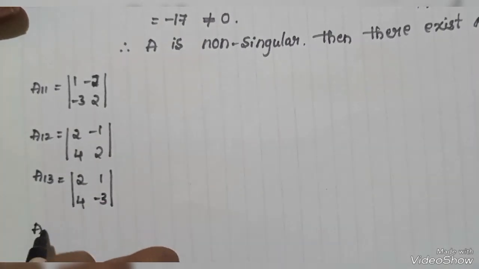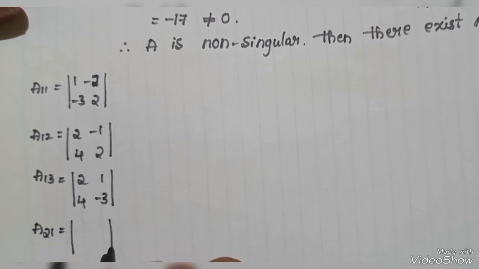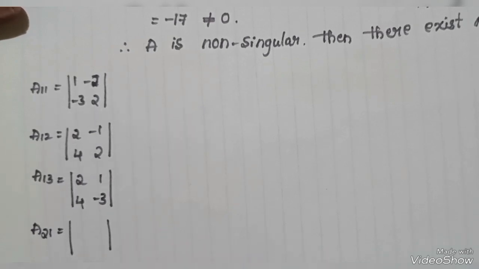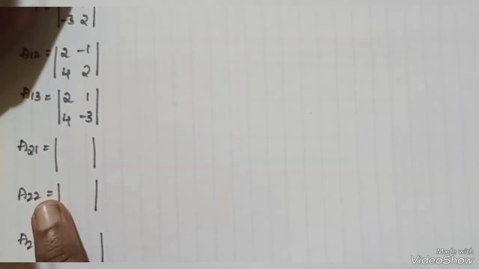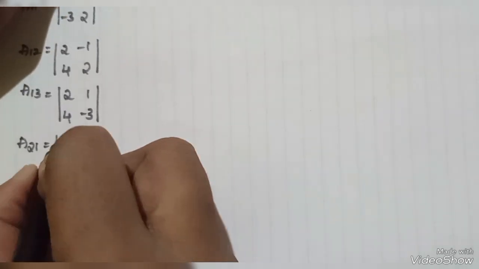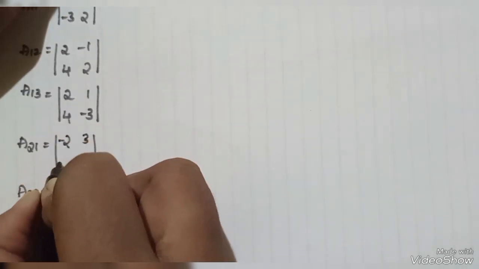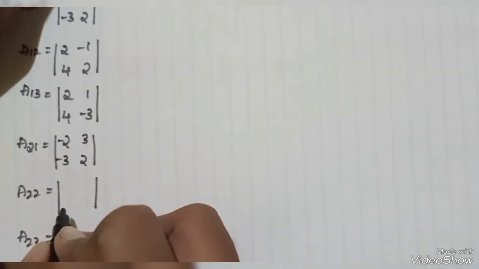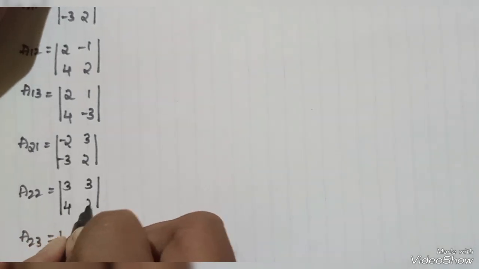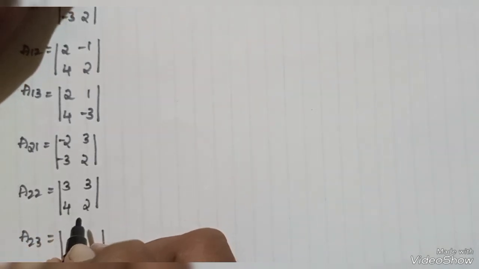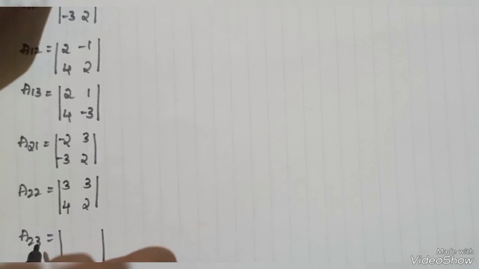Again we want the second row, A21, A22 and A23. Write the elements here. For A21, neglect second row, first column, that is minus 2, 3, minus 3, 2. For this one, 3, 3, 4, 2. Again for the third element in second row, third column, 3, minus 2, 4, minus 3.